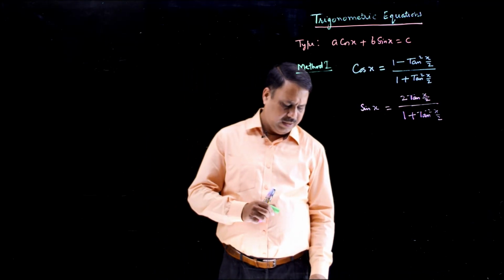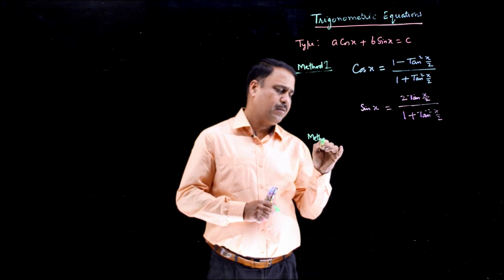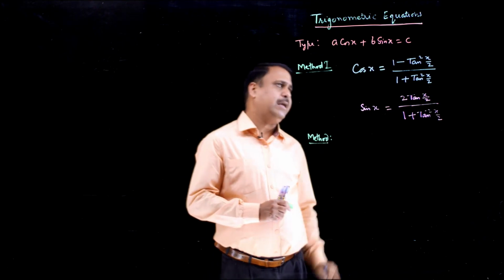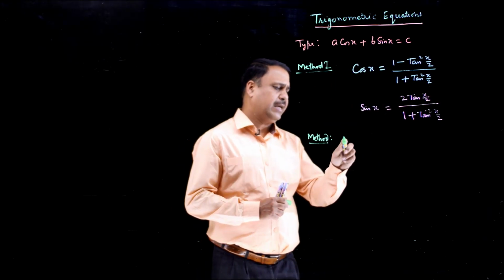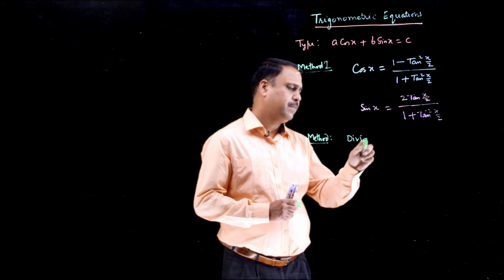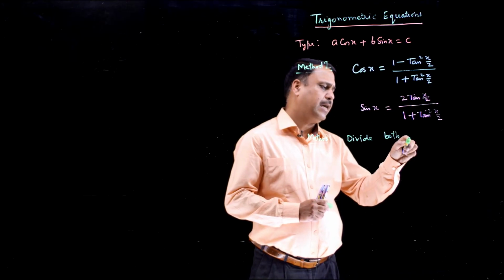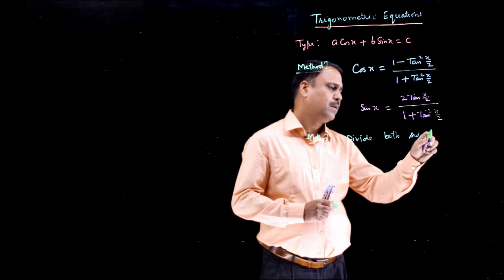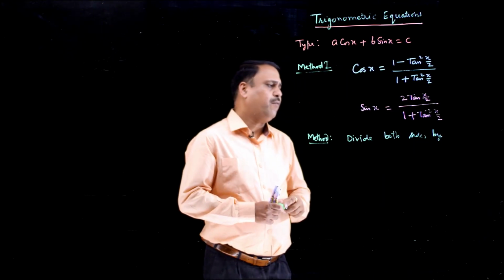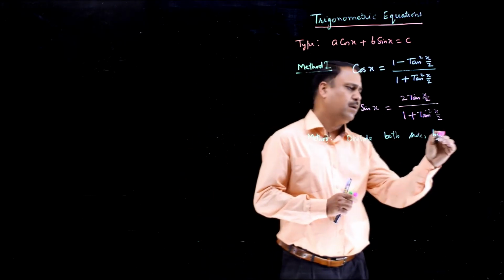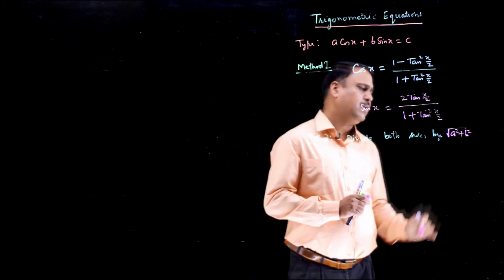Second method is we will divide both sides by under root a square plus b square, where a is coefficient of cos x, b is coefficient of sin x. So divide both sides by under root of a square plus b square.